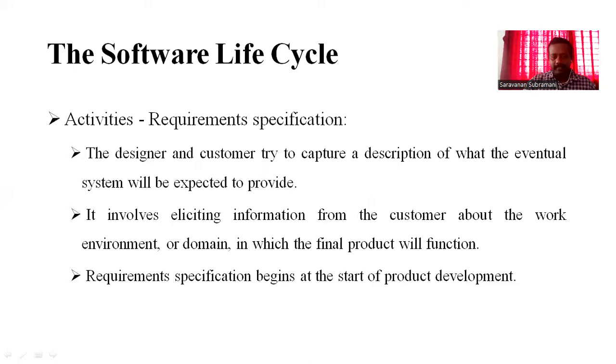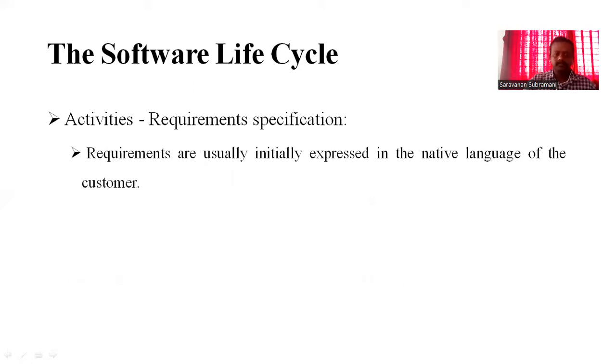The requirements specification is the start of product development and helps in the design and coding of the software process. The requirements are usually initially expressed in the native language of the customer, because proper understanding will provide the proper software system.